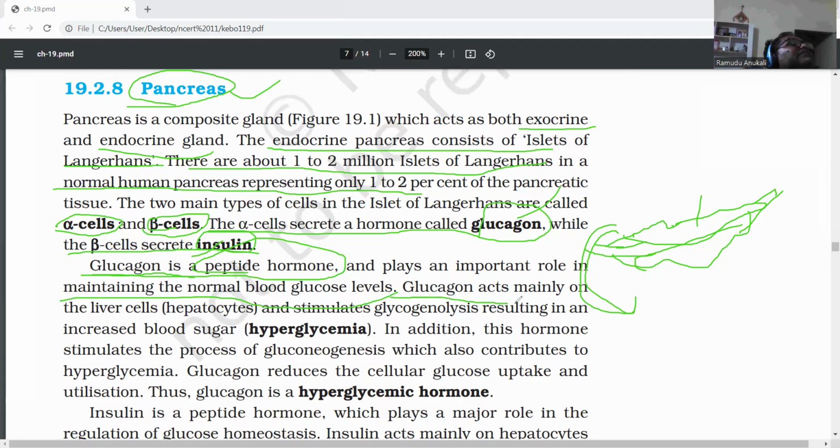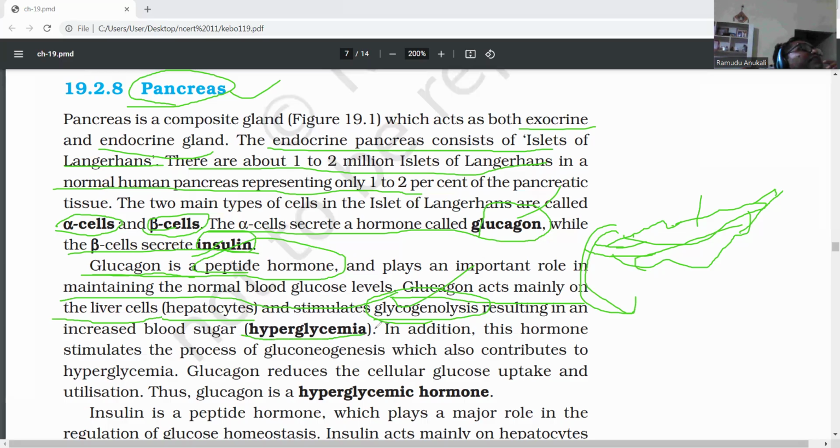Glucagon acts mainly on the liver cells, hepatocytes, and stimulates glycogenolysis. Whenever the glucose level in our body is insufficient or low, the glycogen is converted into glucose. That is called glycogenolysis, the breakdown of glycogen into glucose.